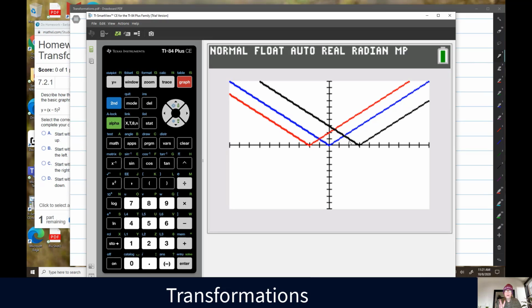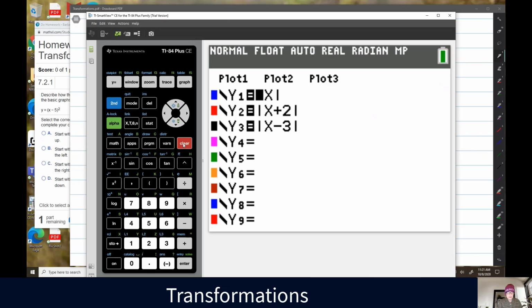Now we're going to do one more thing in the argument, and that is a horizontal flip across the y-axis. It's called a reflection across the y-axis. Okay. Clear, clear, clear.